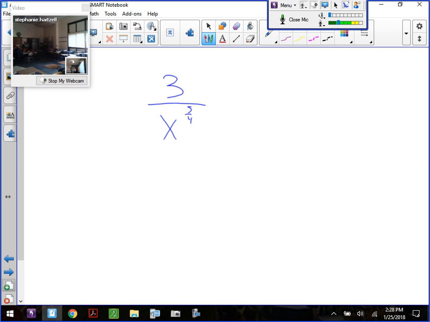You still go through the same process: how many more fourths do I need to make a whole? I would need 3 more fourths to make the whole. So I'd multiply top and bottom by x to the 3/4, which then gives me x to the 8/4, which is x squared.